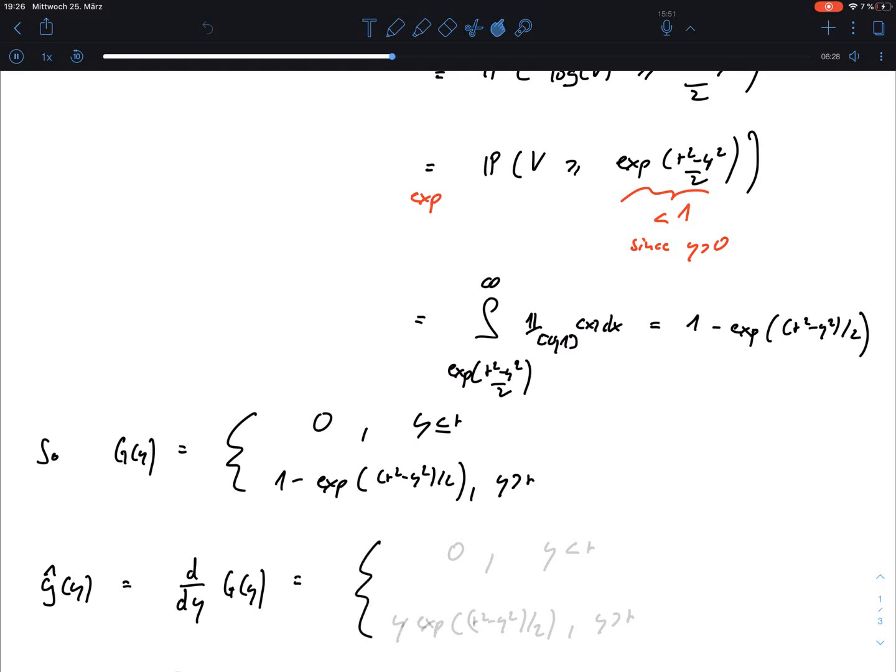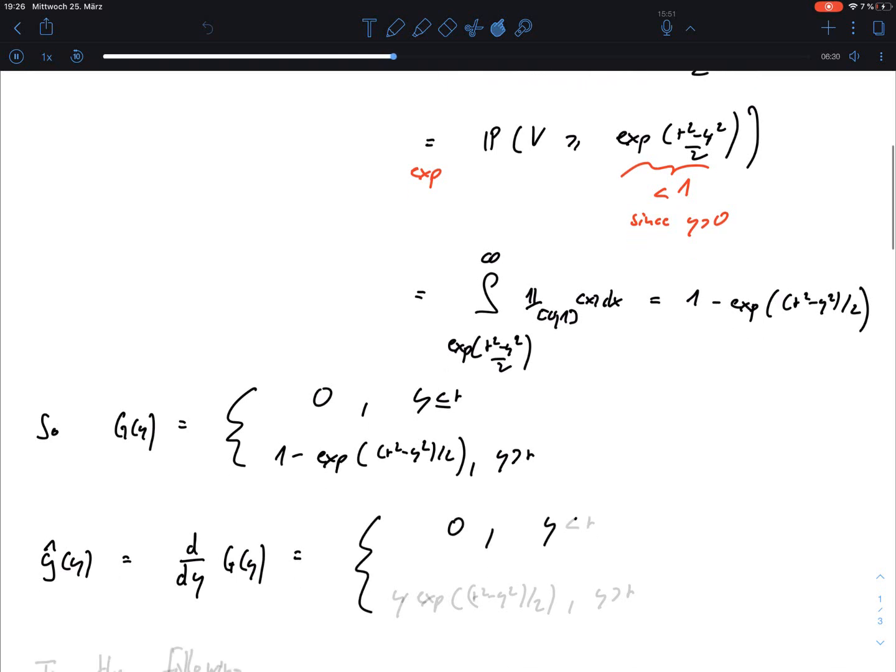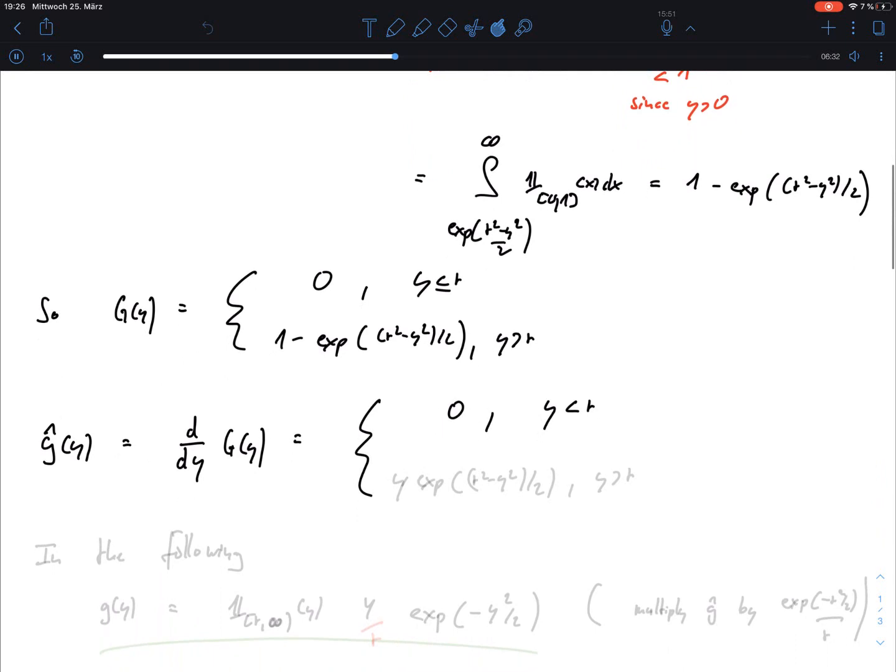So we have 0 in this case, and for the second part, we are using the classical rules for differentiation. Differentiating the exp gives the exp, and if we differentiate minus y squared divided by 2, we just get a minus y, and using the chain rule and plugging everything together, we get this.